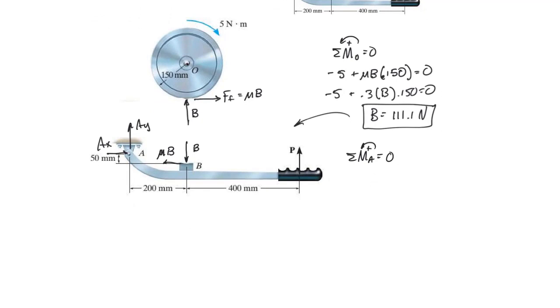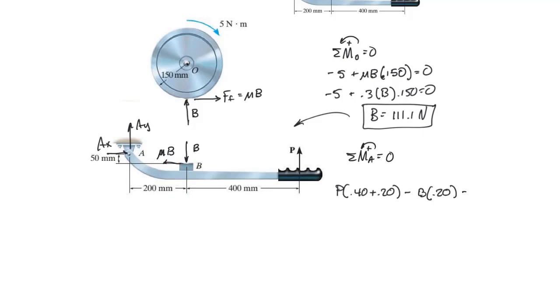So let's try that. P times the full lever arm of 0.4 plus 0.2, minus B, which has a lever arm of 0.2. And this is what many students forget: this friction force also has a lever arm. In other words, B is going in this direction, and mu B is also going in that direction.